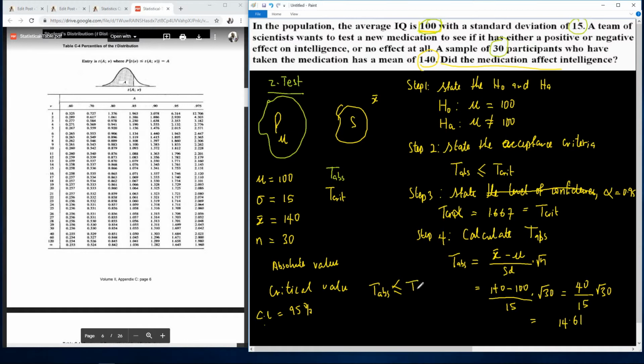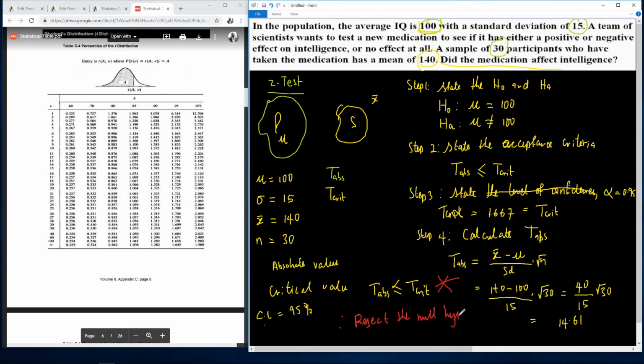So in this case, we check whether t absolute is less than t critical. In this case, this does not hold. You can see it does not hold. Therefore, the verdict is that we reject the null hypothesis, although it's actually failed to accept, but let me just write it.